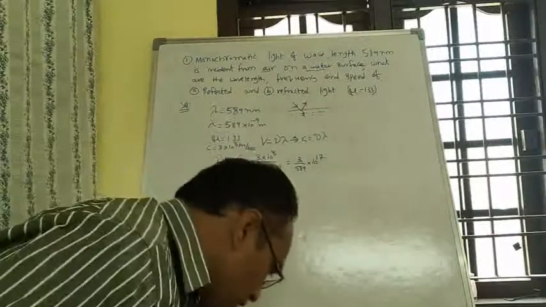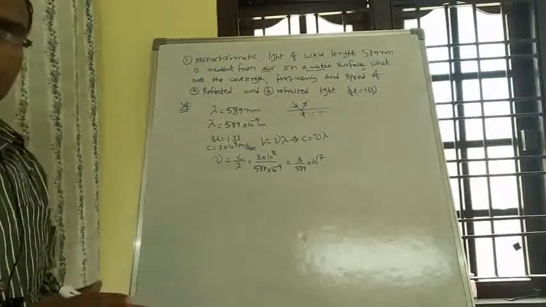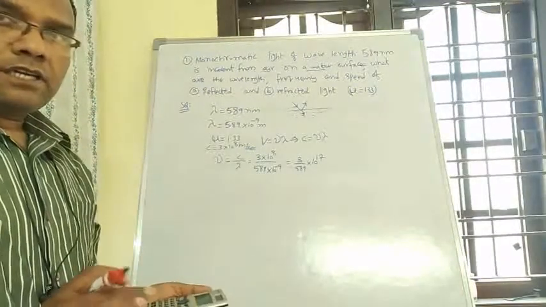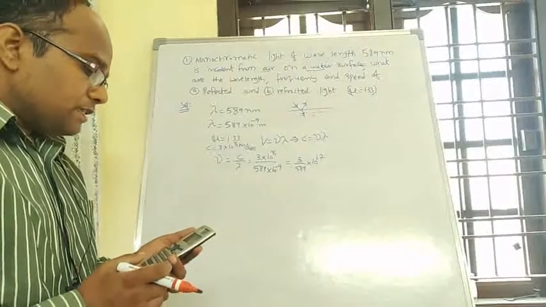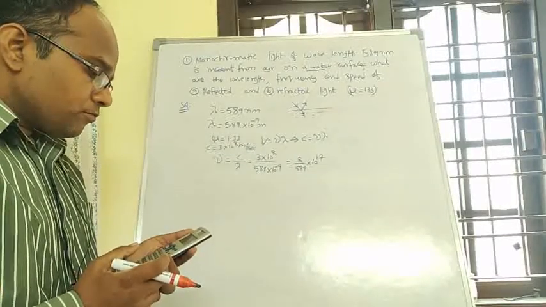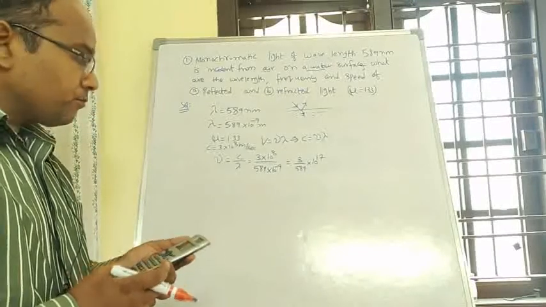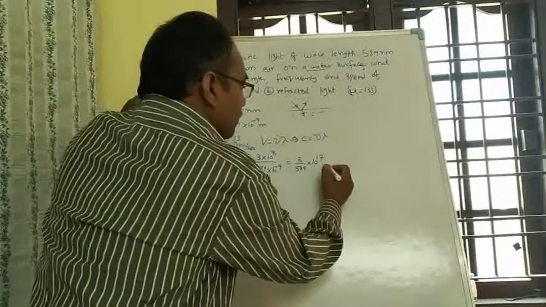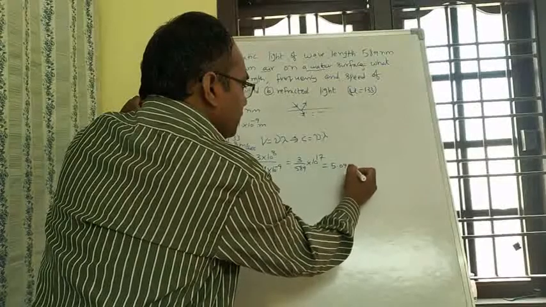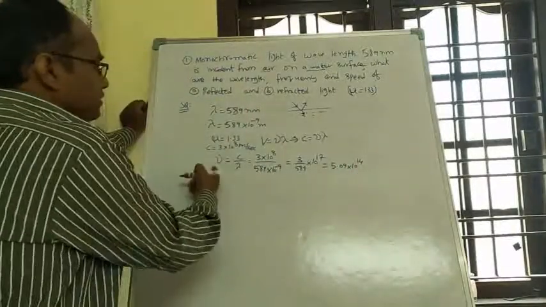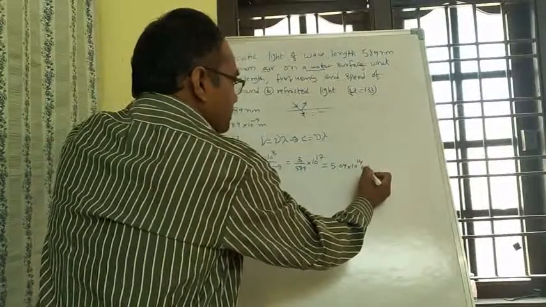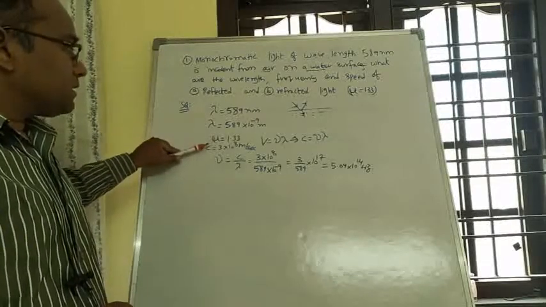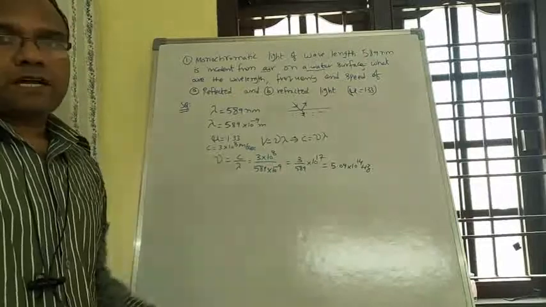Now 3 divided by 589 gives 5.09, so nu is 5.09 into 10 to the power of 14 hertz. This is the frequency. So the wavelength is the same, the refractive index and velocity of light are as given, and the frequency is this much.